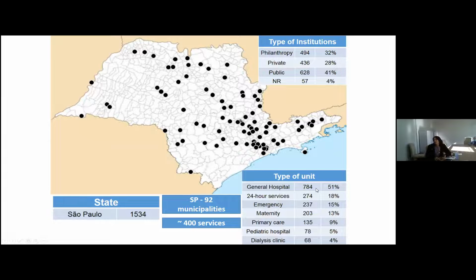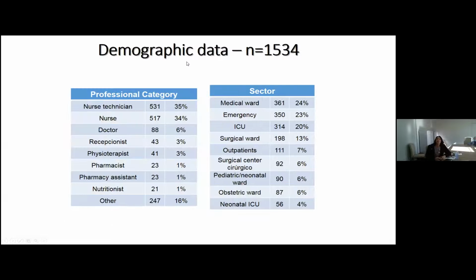And the healthcare workers work in a variety of healthcare units, mostly general hospitals, sometimes 24-hour health services and emergencies, and maternity, and a bit in primary care and other areas. So the majority of the people who answered this survey in this first preliminary data were nurses or nurse technicians, and a few doctors and a few of the others. And most of them worked in medical wards and also the emergency and the ICU, but there were a few in surgical wards too.